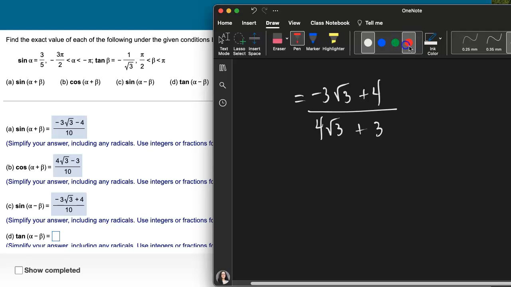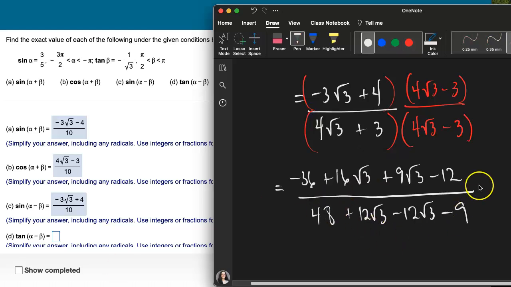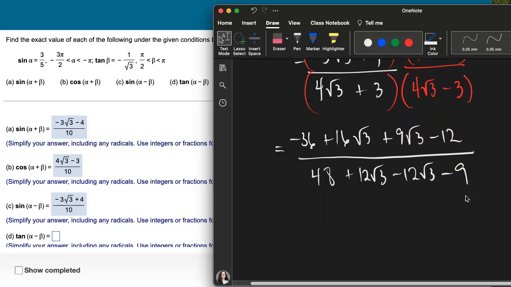The next step would be to rationalize this denominator. I could do that by multiplying by 4 square root of 3 minus 3, both numerator and denominator. Here I've just worked that process out, distributing twice, or you can even think of it as some other techniques like FOIL.